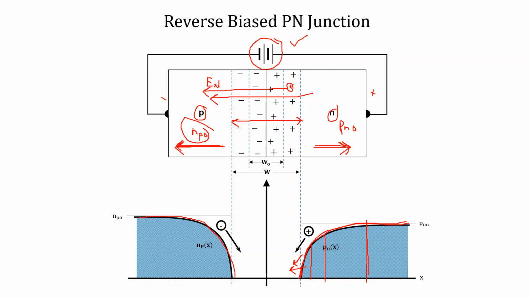Similarly, some electrons reach the depletion region. These are very small in number, but some reach it. As an electron reaches here, under the influence of this electric field, it will be swept towards the n-type region, and a reverse saturation current will flow.